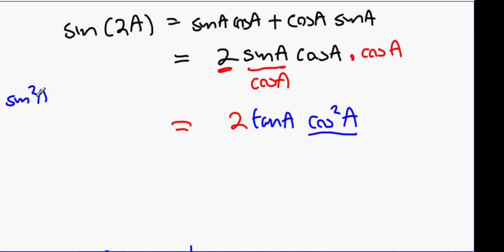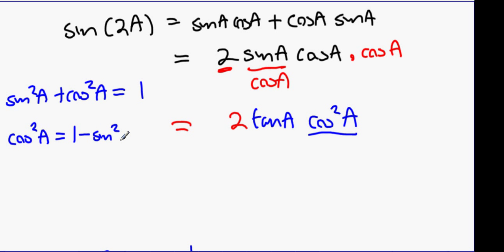Sine squared A plus cos squared A equals 1. Everybody happy with that? Cos squared A equals 1 minus sine squared A. Everybody happy with that? Alright?